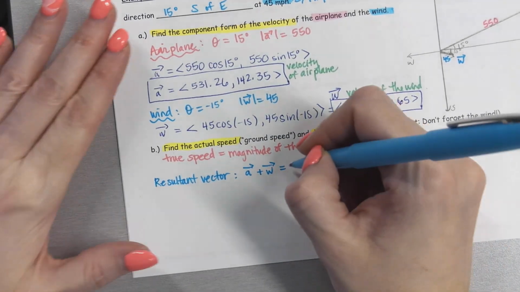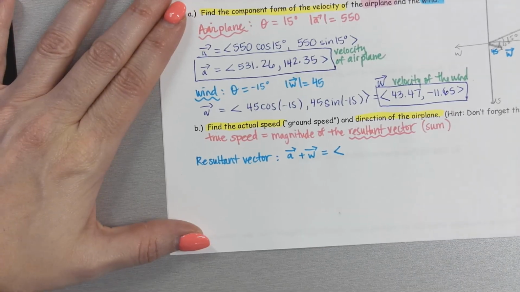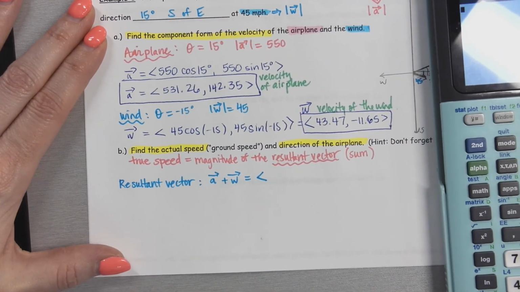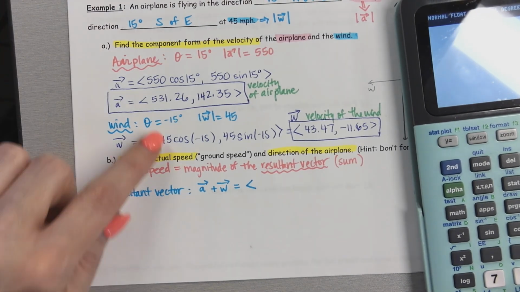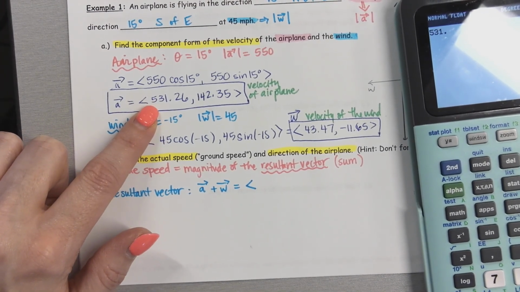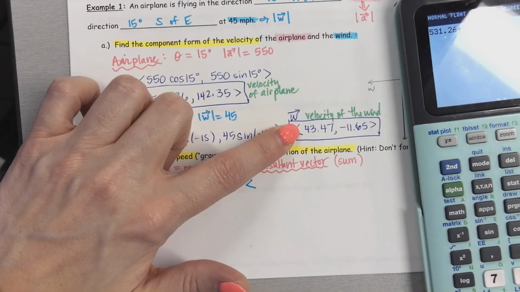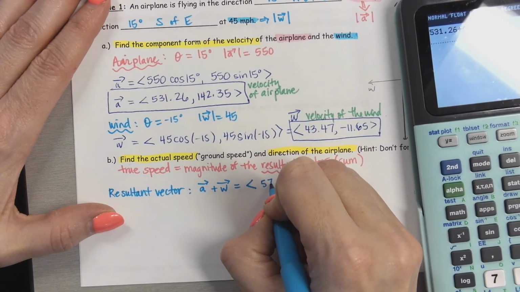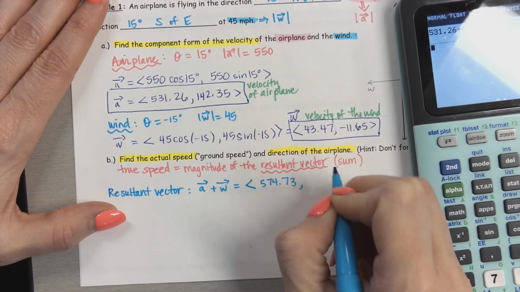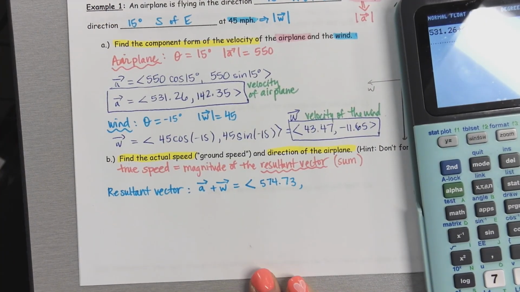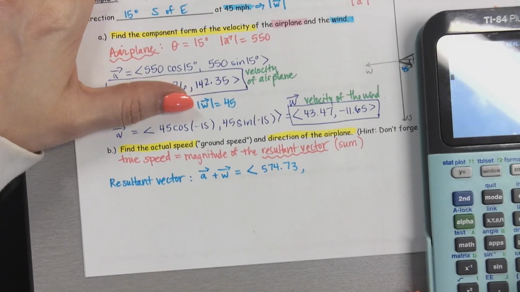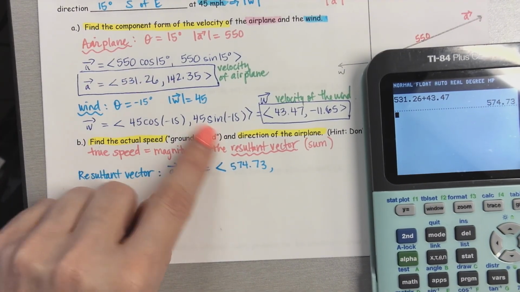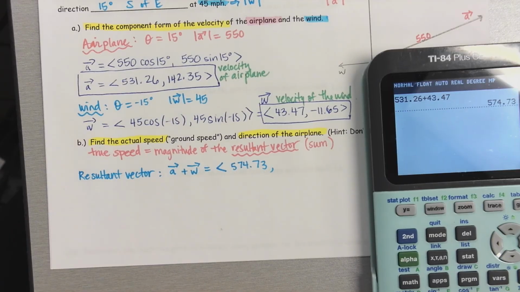So yesterday you learned that when you're adding vectors, you only have to add the horizontal components together and the vertical components. Okay, so you can add the 531 and the 43.47 because those are both the horizontal components. You can either take the exact values or the rounded values. Okay, so you're adding the horizontal components. Now we're going to add the vertical.